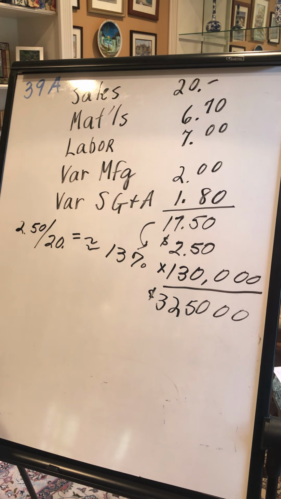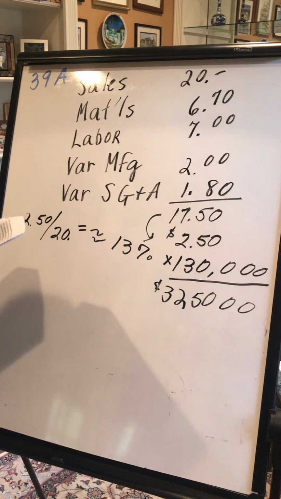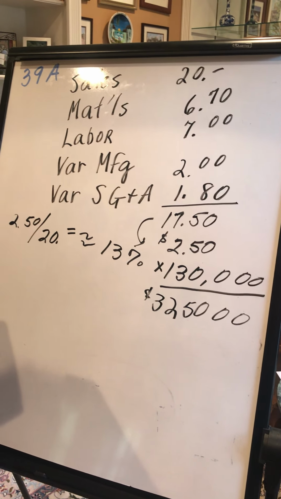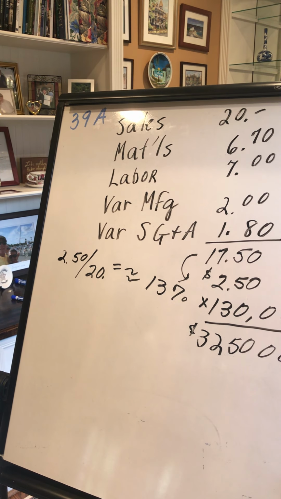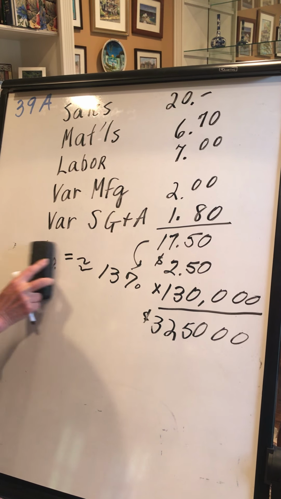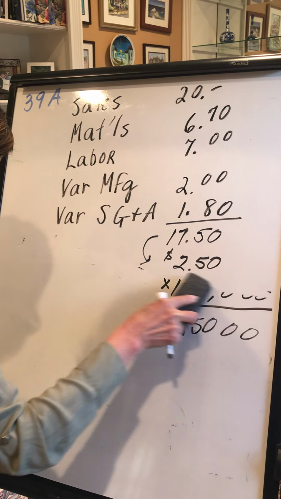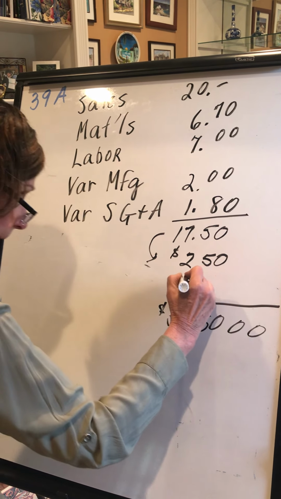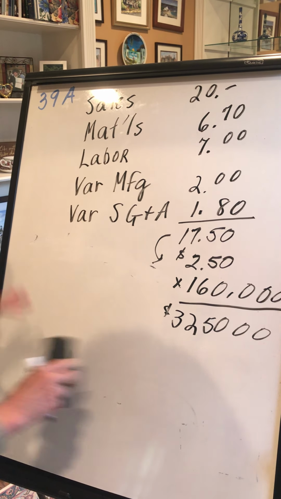Moving on to question 2. What would the company's monthly operating income be if they sold 160,000 units? Okay, so I'll erase some of this. So now we're looking for 160,000 units times $2.50.